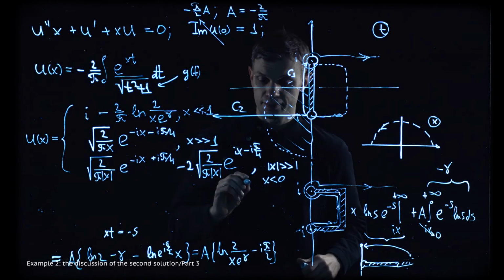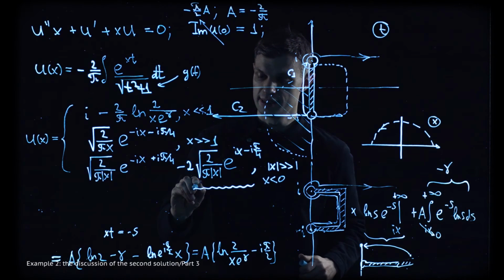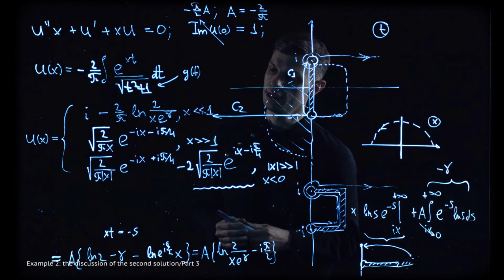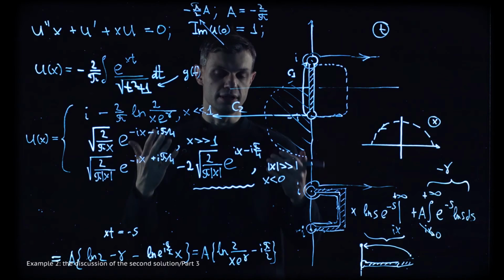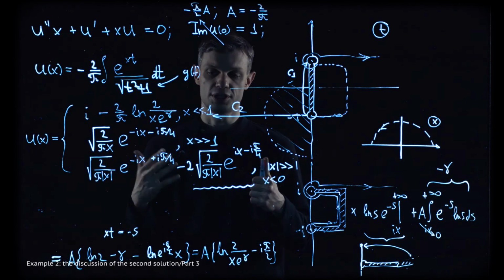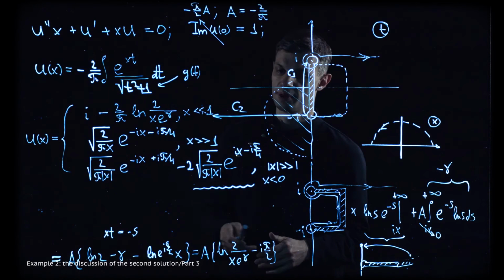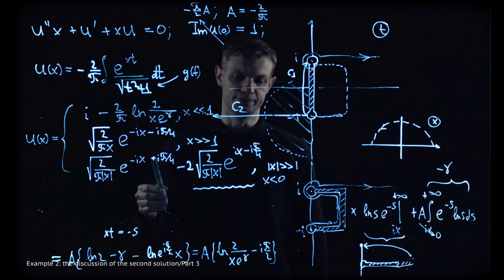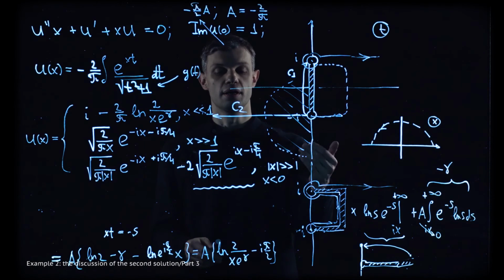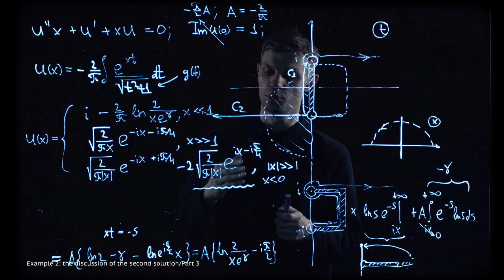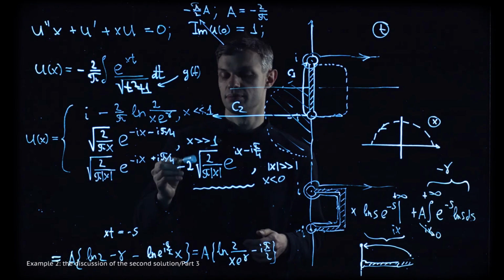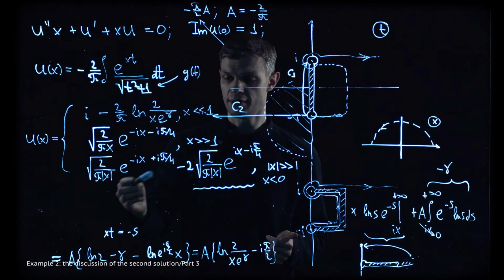In fact, as you see, those solutions remind us slightly of incident or reflected waves in one-dimensional quantum mechanics. For example, this one looks certainly like a wave moving from the left to the right, like an incident wave. And this certainly reminds us of the reflected wave.